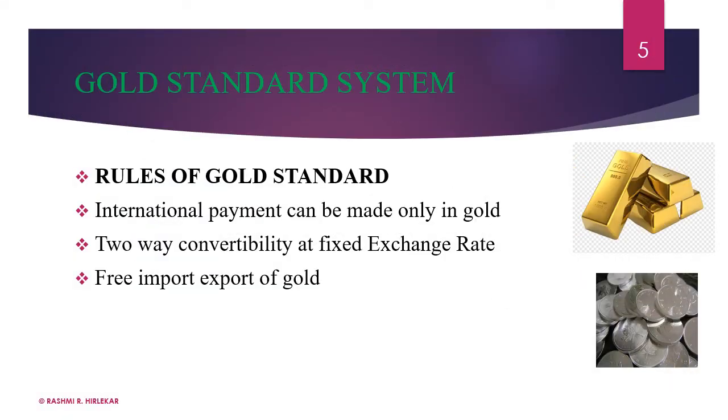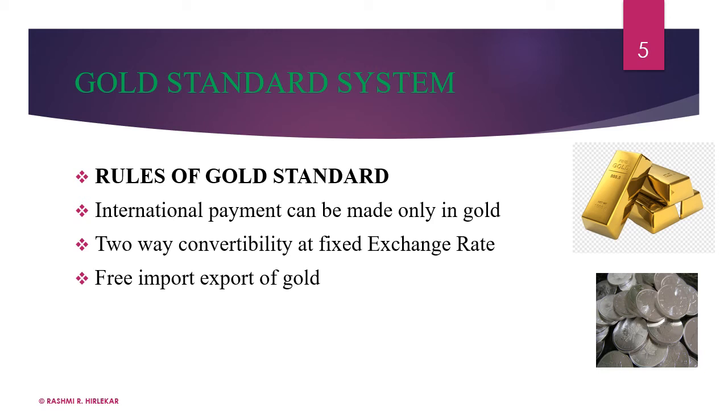As we have discussed earlier, the gold standard was based on three main basic rules. The first one was international payment can be made only in gold. It means that if two countries want to transact with each other, they have to make payment in gold only. The second one, two-way convertibility at fixed exchange rate.